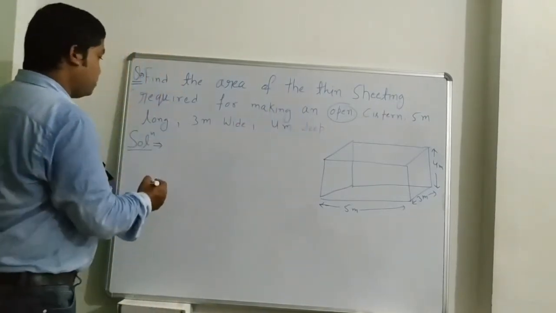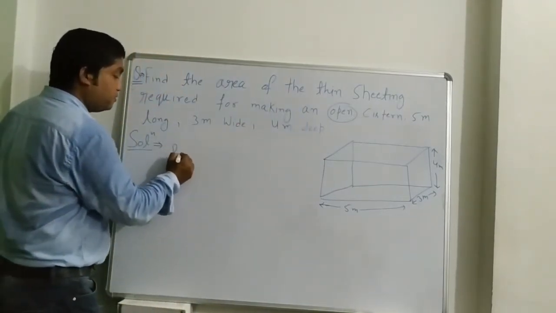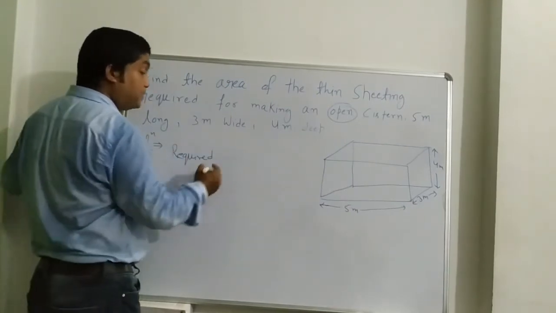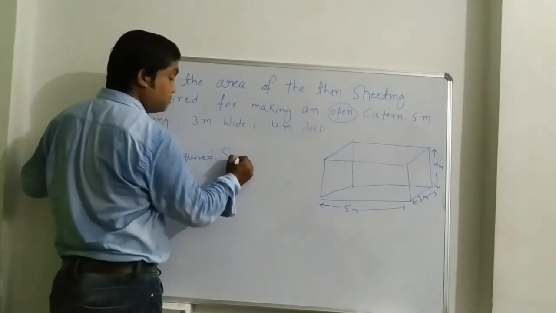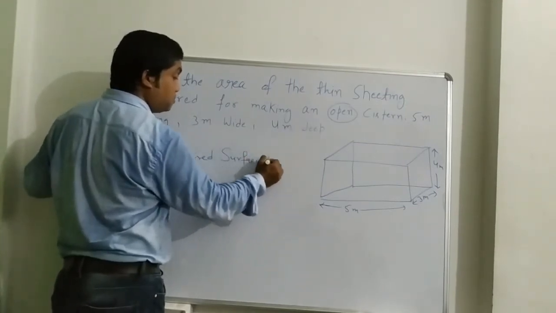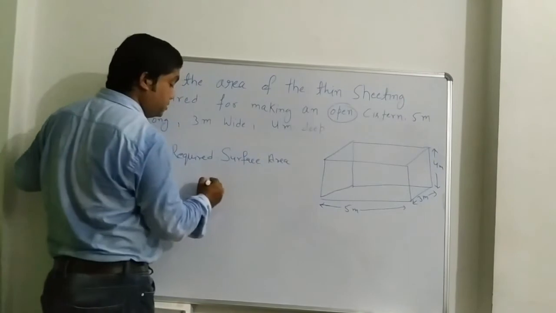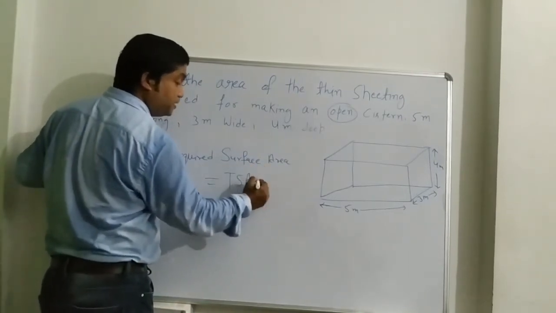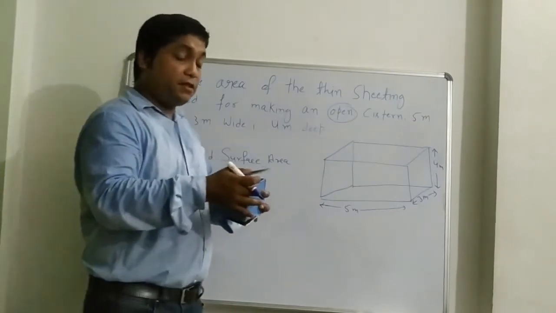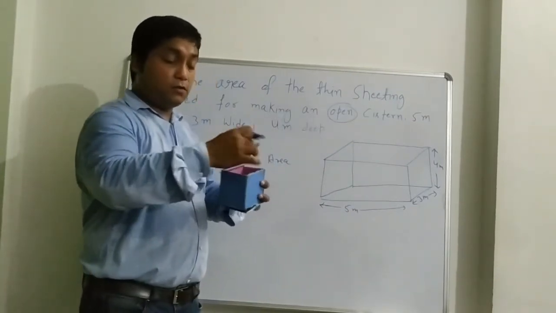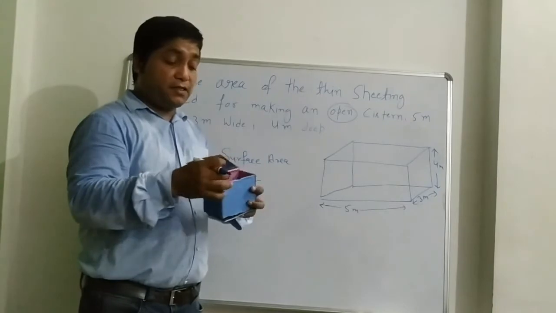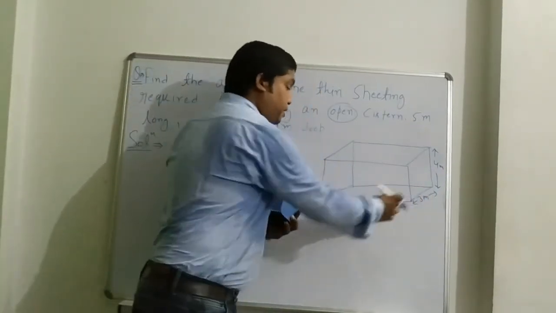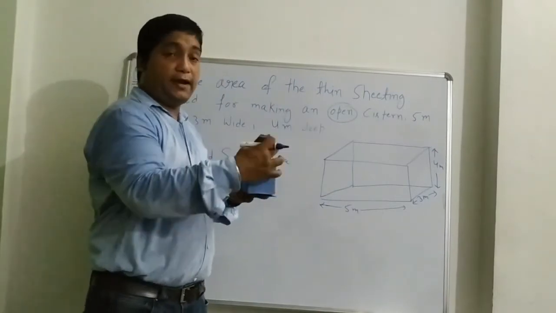So the required surface area is equal to total surface area minus the open part. It means that the top is open. In the top we have seen there is length and breadth.